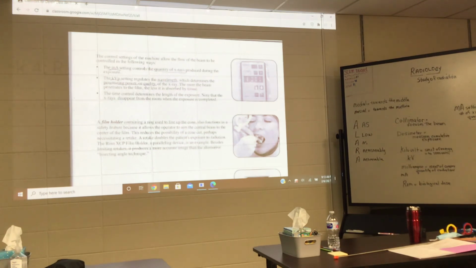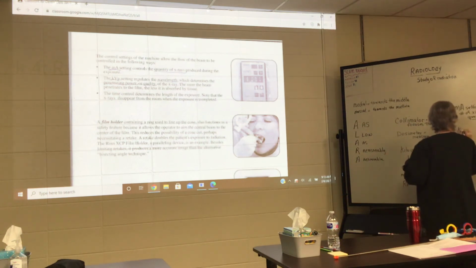MA equals quantity. That needs to be cemented in your brain, okay? Because the KV is different.